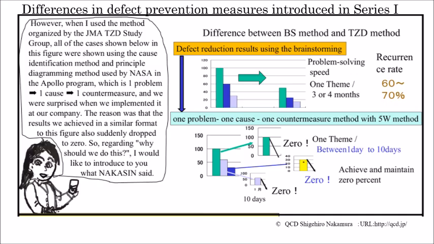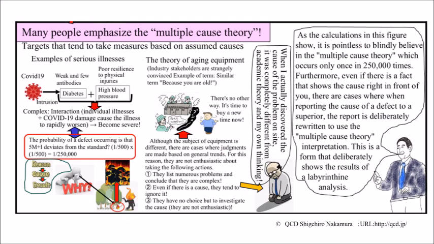However, since there are many examples like the one at the top of this diagram, I would like to warn you that you should not use the brainstorming method, and also introduce some other points to be aware of. When a defect occurs, there is a method of gathering all the people involved on site to investigate the actual situation.